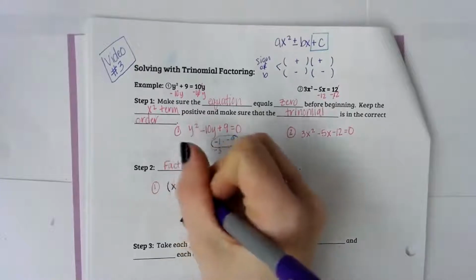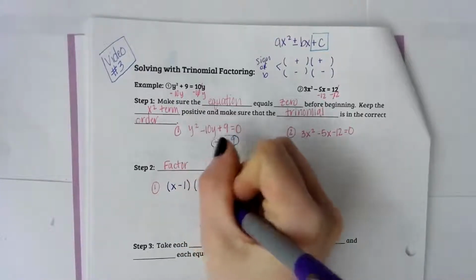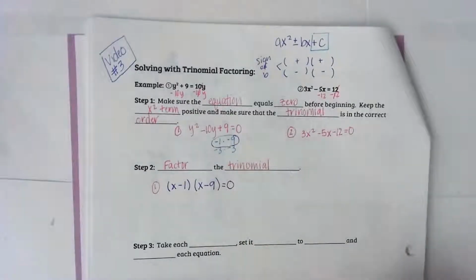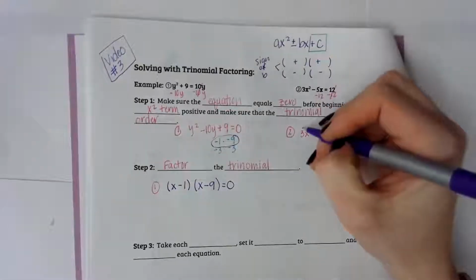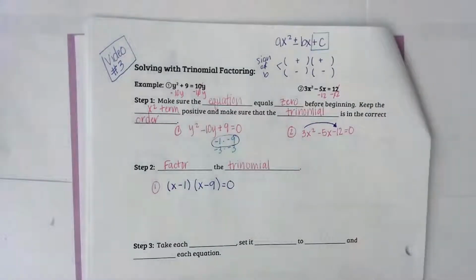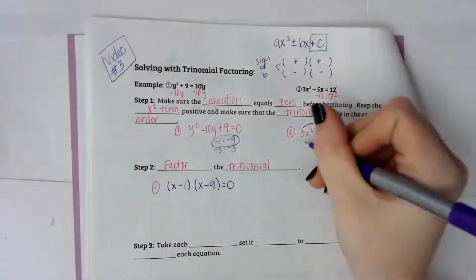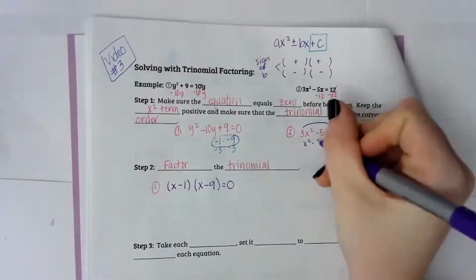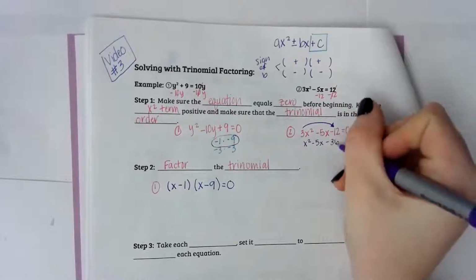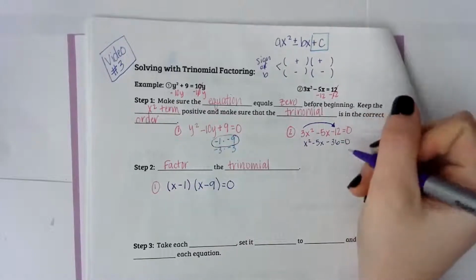So x minus 1 and x minus 9 equal 0. Now over here, I need to multiply 3 by 12. So I've got x squared minus 5x minus 36 equals 0.